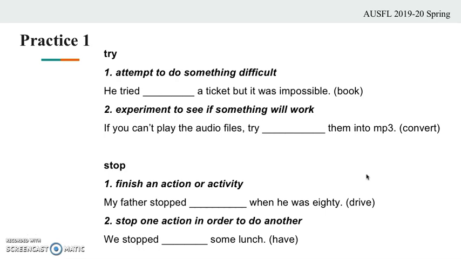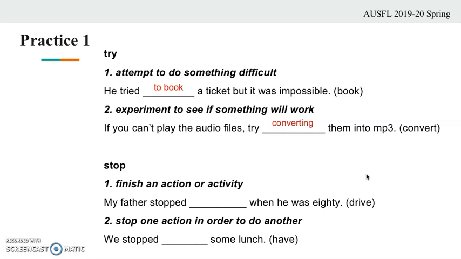Let's check. The verb is to try, and number 1, he tried to book a ticket, but it was impossible. And number 2, if you can't play the audio files, try converting them into MP3. Next verb is stop.